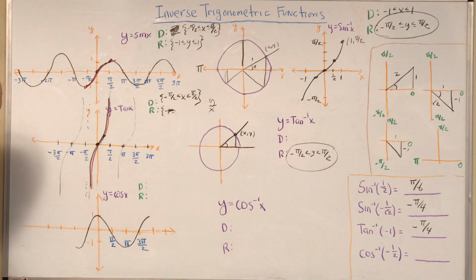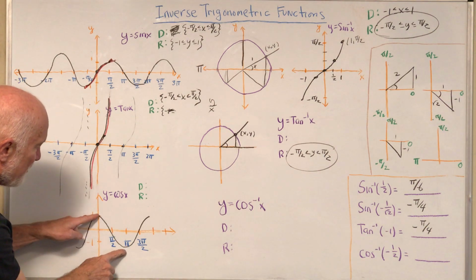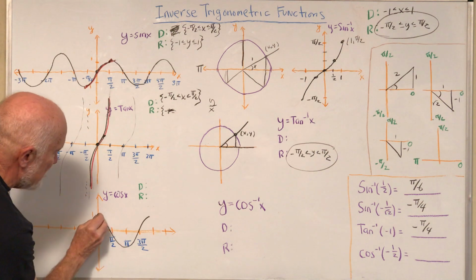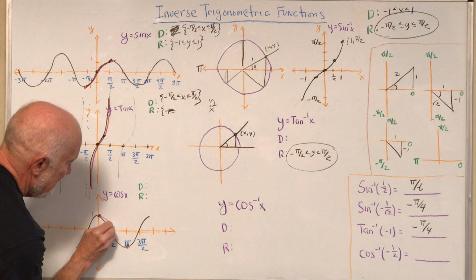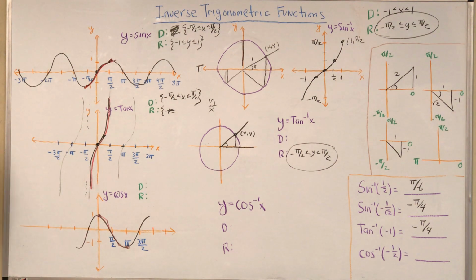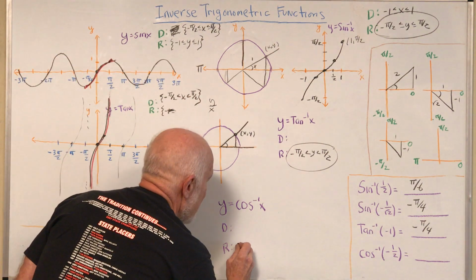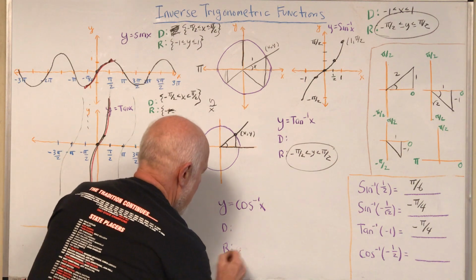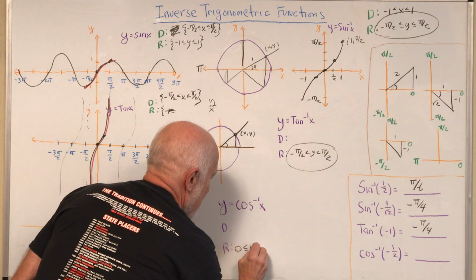In order to get all the ratios from negative 1 to 1 with a 1-to-1 part of the cosine function, we're going to go from 0 to pi. This portion right here. So on the inverse cosine, the range is going to be from 0 to pi.